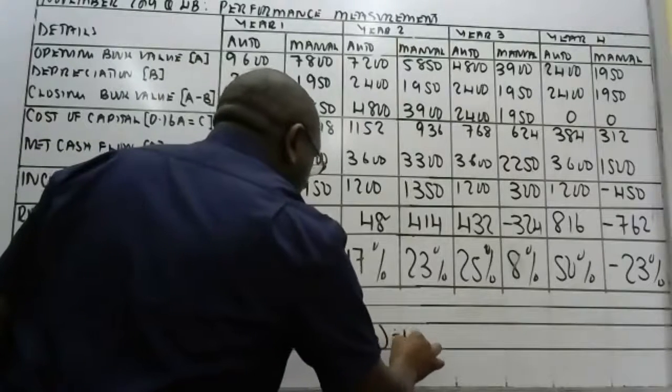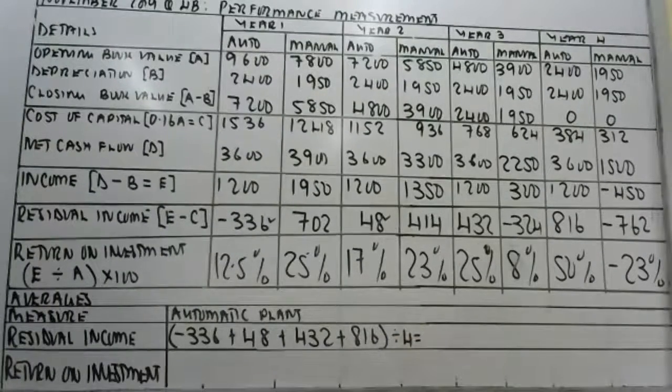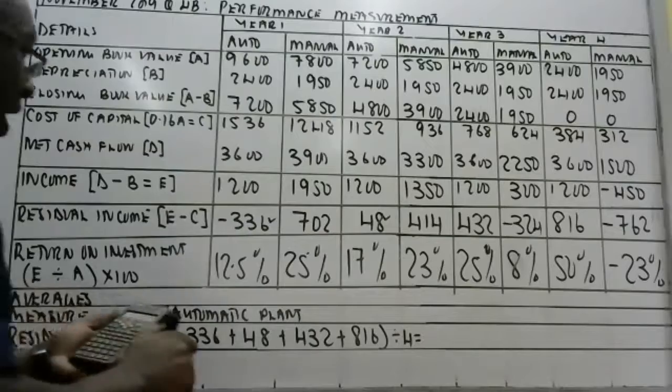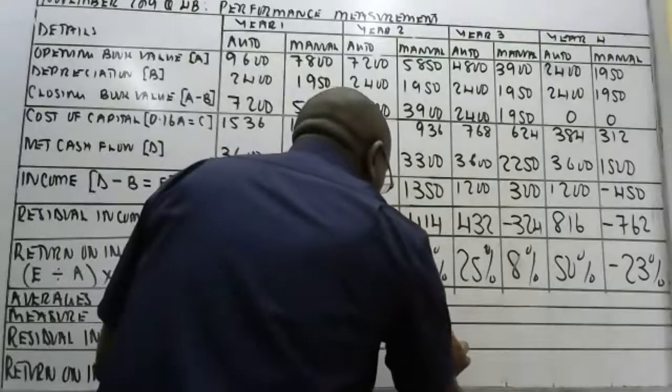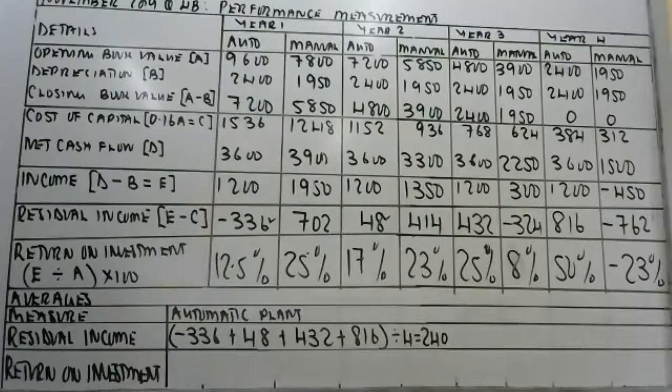Now this one we divide by 4. So minus 336 plus 48 plus 432 plus 816, divide by 4, I'm getting 240.